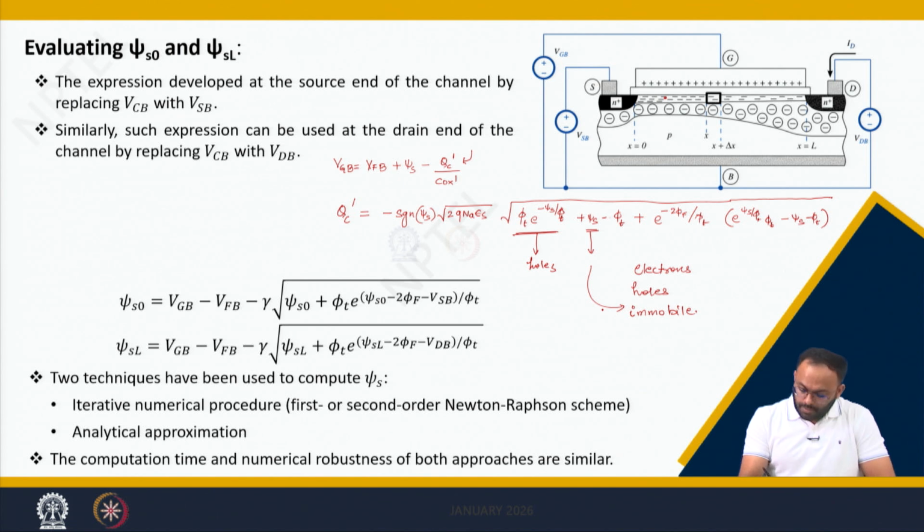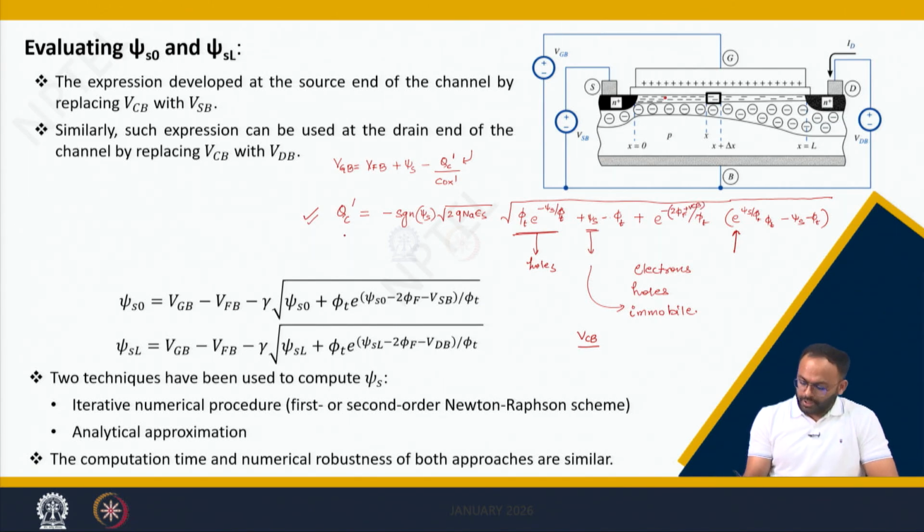We have used the same formula in the 3-terminal MOS structure, considering that the terminal voltage VCB came into the picture through the contribution of electrons, and hence this formula can be rewritten as 2 phi f plus VCB.